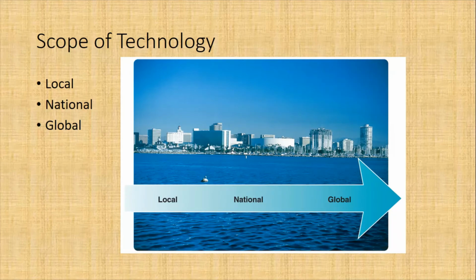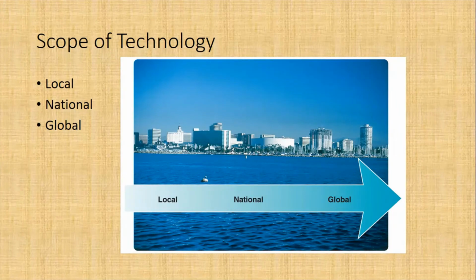So most things are created locally for immediate wants and needs. Then you have national. For national, you still have a lot of things made for national purposes, but certainly not as much as for local.